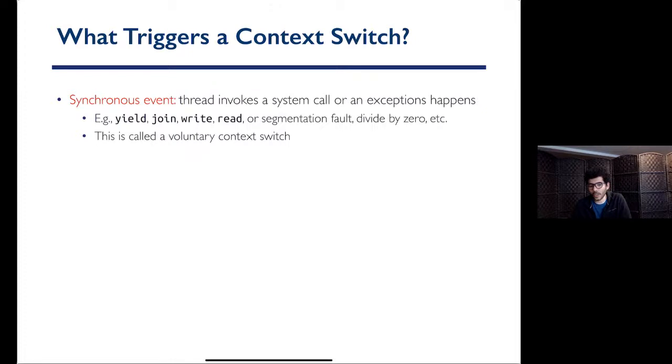It could also be that the operating system decides to run you again. So calling yield does not necessarily mean a context switch is guaranteed. For example, if you have one high priority task and the rest of them are low priority, and the high priority task calls yield, you don't want to go and run the low priority ones. You want to continue running the high priority one until it finishes.